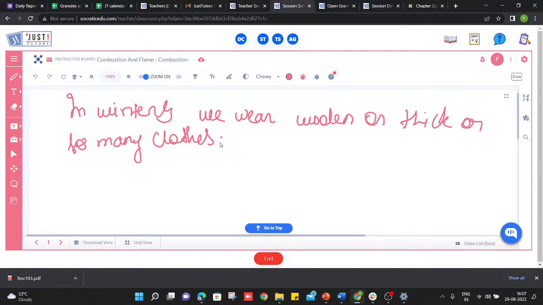But in summers, it is not the case because the temperature is really high. If we wear the clothes which protect us from cold, but in summers we don't have cold, the temperature is really high.